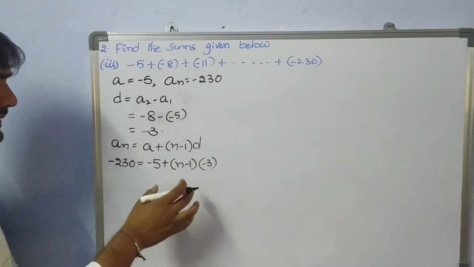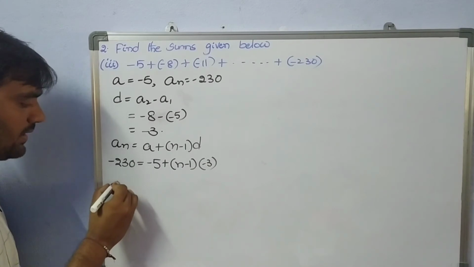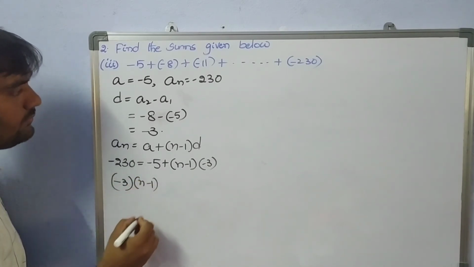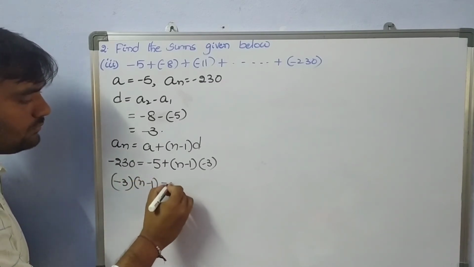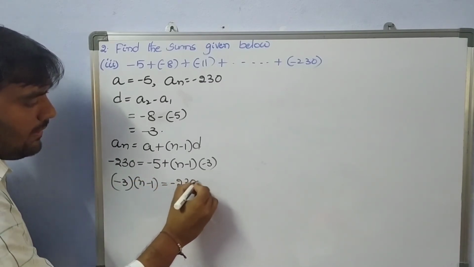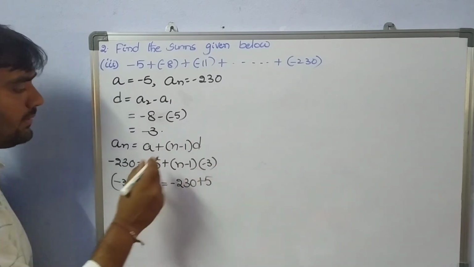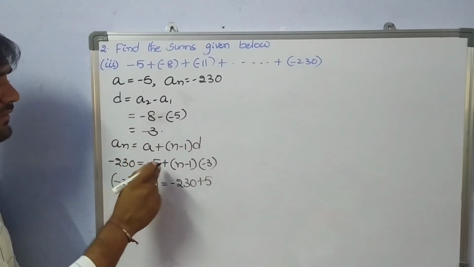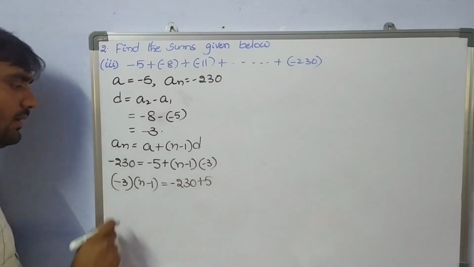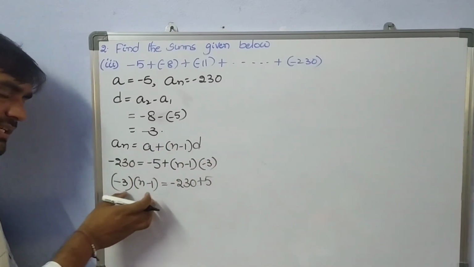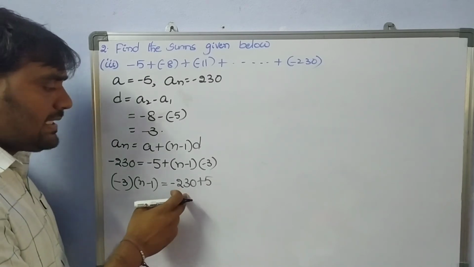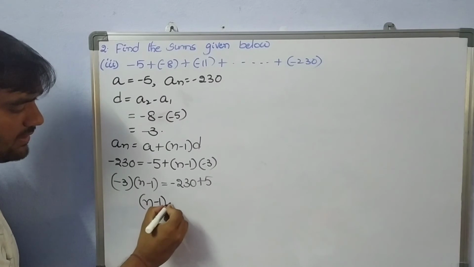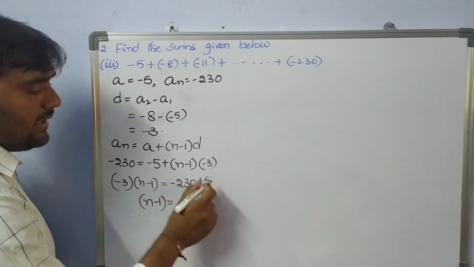For our convenience, we can write minus 3 into (n minus 1) is equal to minus 230 plus 5, since minus 5 on the other side becomes plus 5.